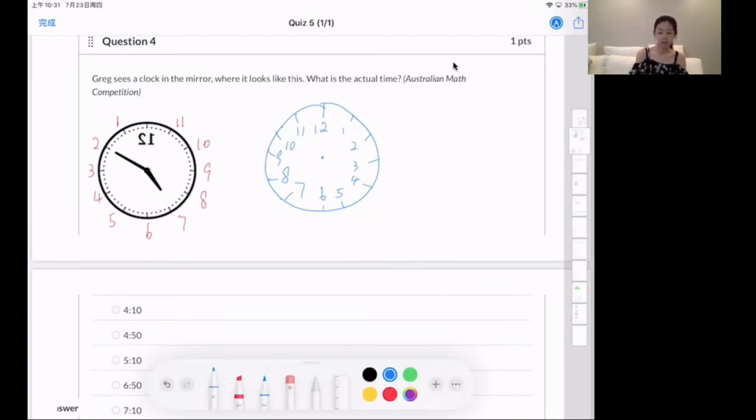If it's opposite, we put the numbers down already. And then what time is it right now? It points to the 7, and here it points to... 7:10.